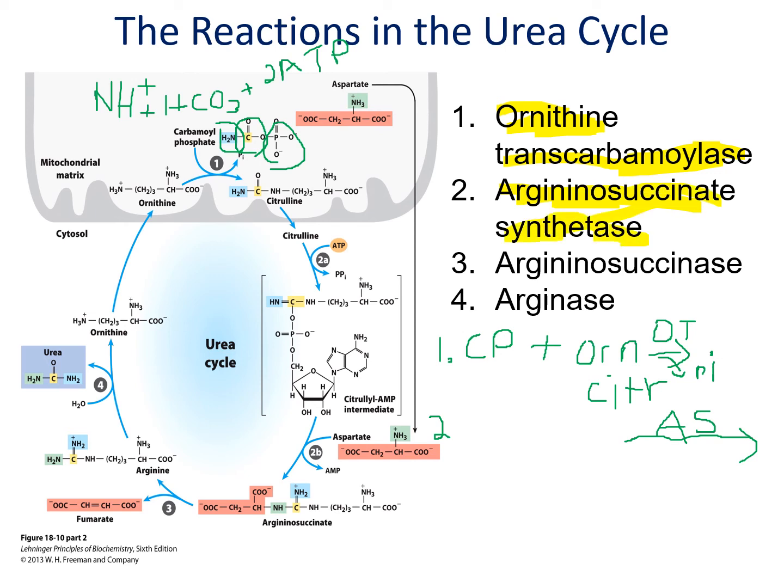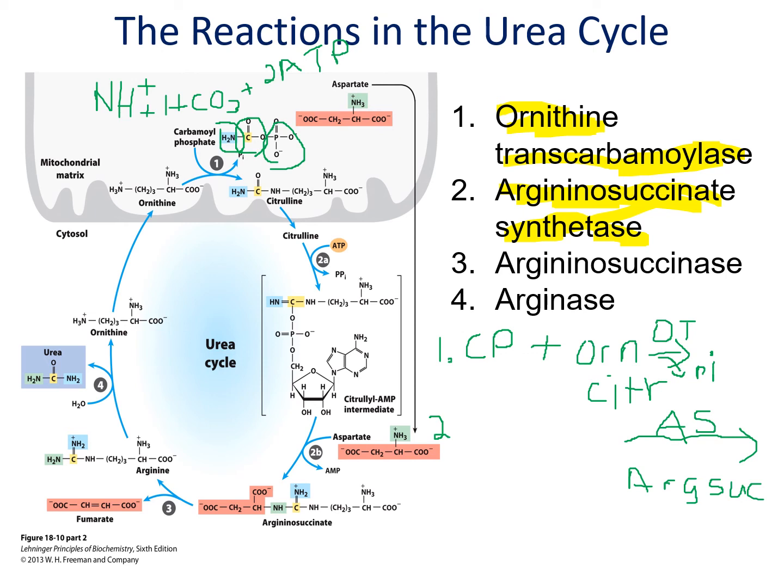So in the end, we're going to get a molecule called arginosuccinate. You don't need to know the structure of it. Just know that I'm going to take a citrulline and do some stuff with my arginosuccinate synthetase, and I'm going to get an arginosuccinate.